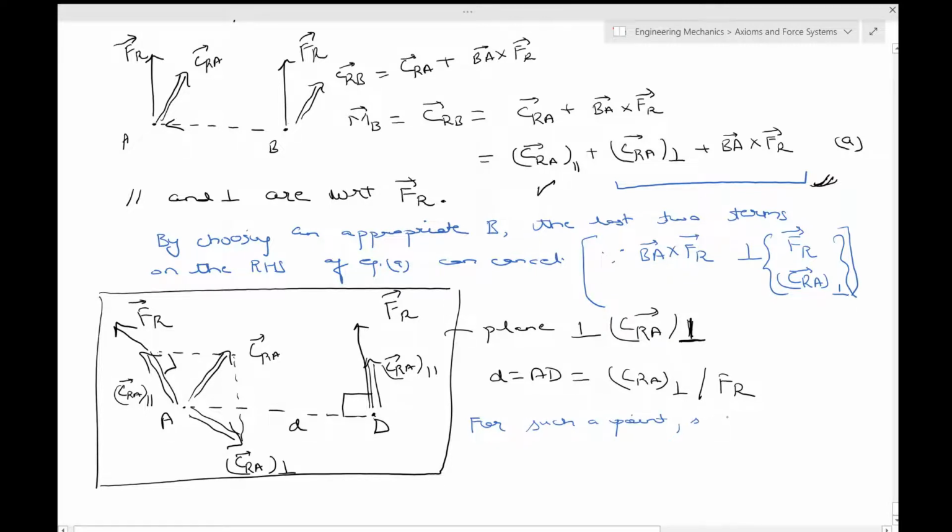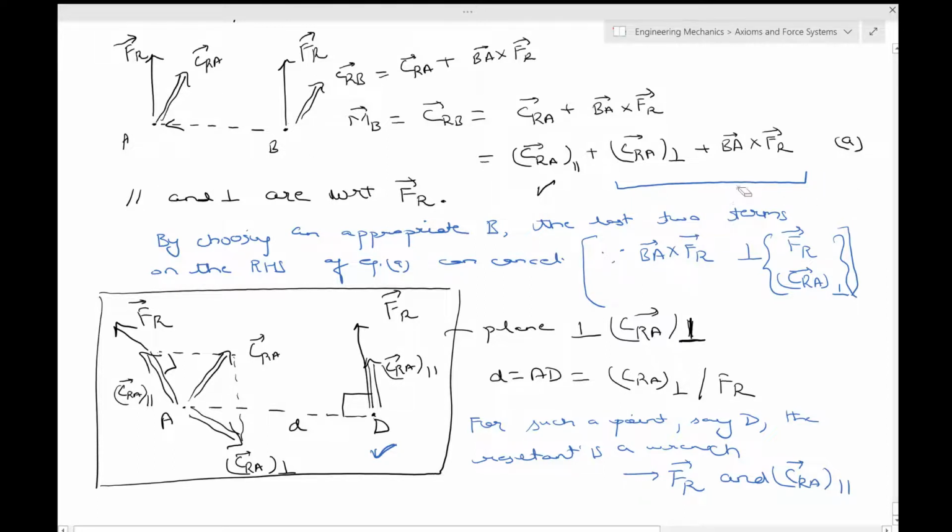For such a point, say D, as we have already shown, the resultant is a wrench. So what does a wrench consist of? It consists of an FR and a CRA parallel to this. So point D is the simplest situation where you can get rid of the perpendicular, get rid of basically these two terms.